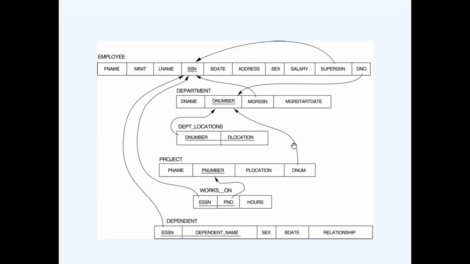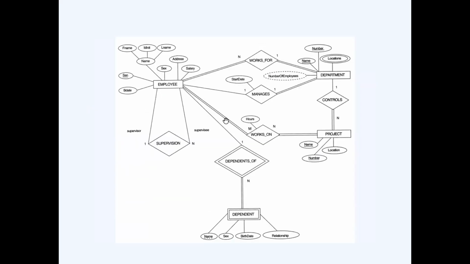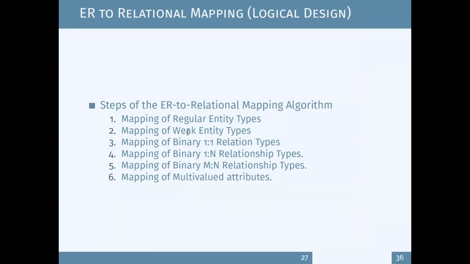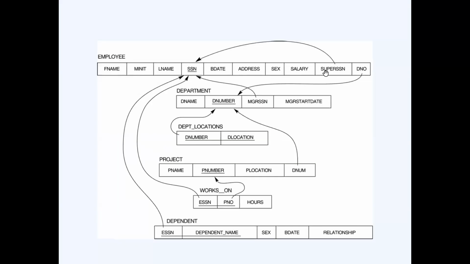We use a foreign key approach there. Then the one-to-many between employees, where employees supervise other employees. For this, we used supervisor social security number, which references the same social security number to indicate that.